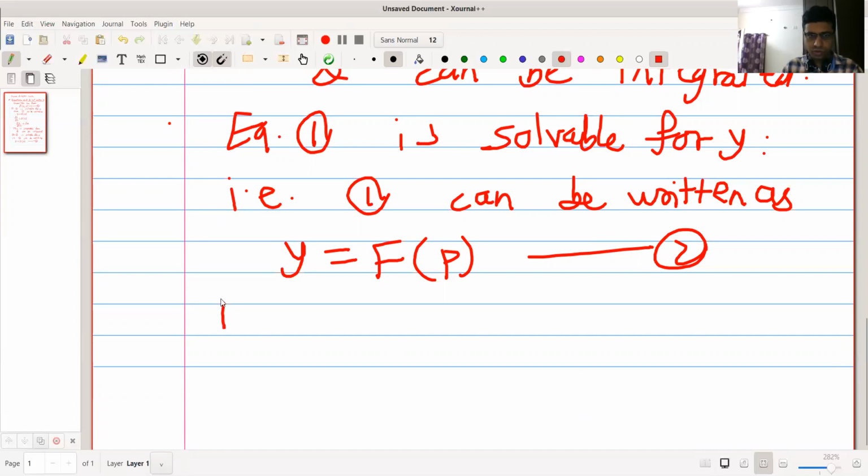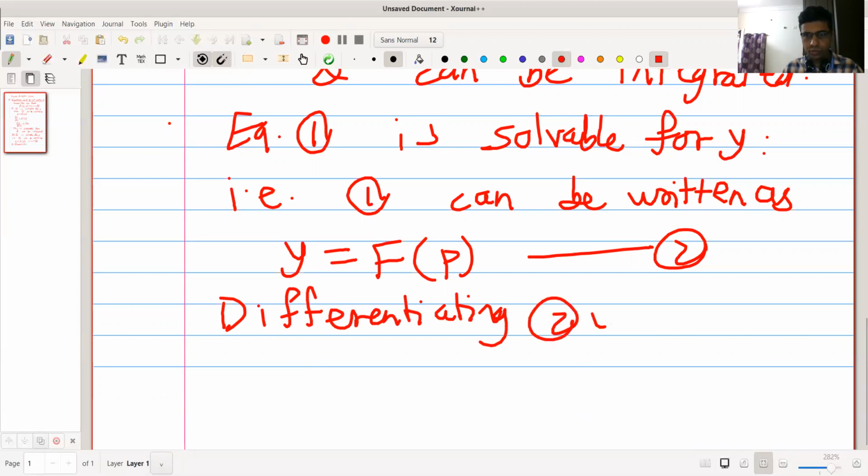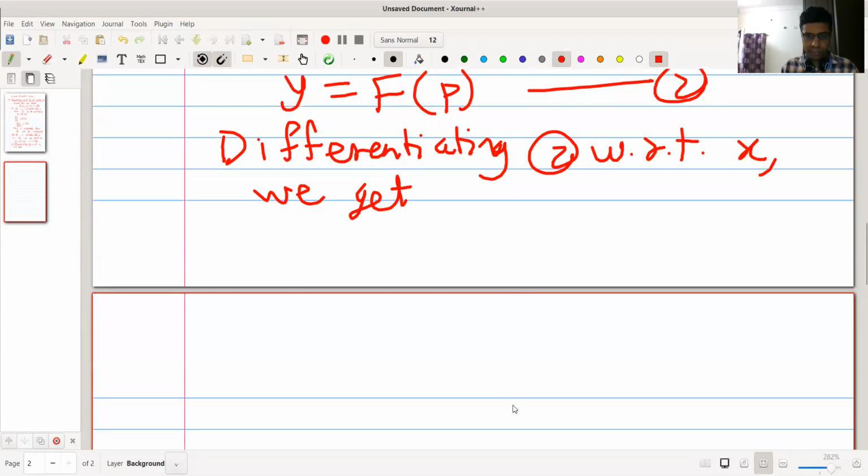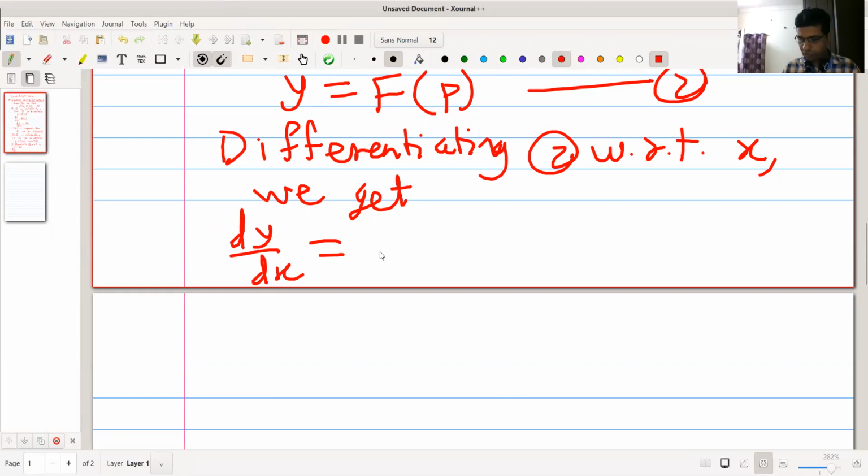Okay, so we differentiate this 2 with respect to x. So we get dy by dx equal to differentiation of right hand side with respect to x.